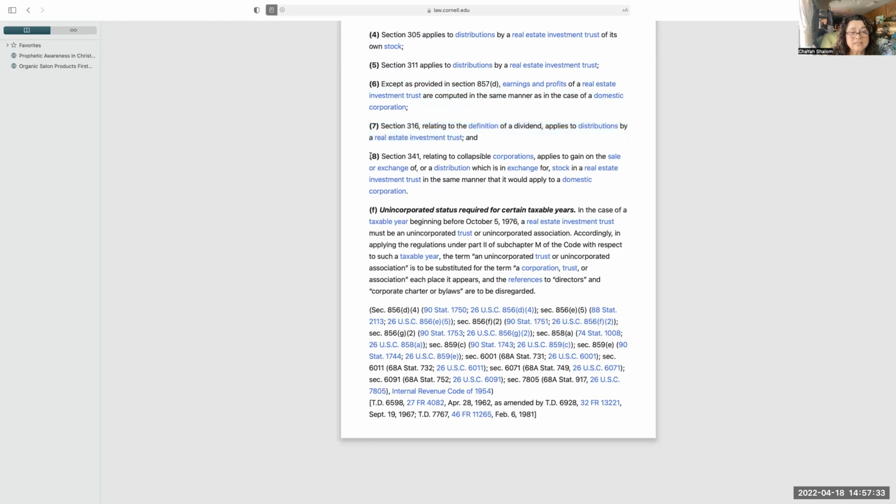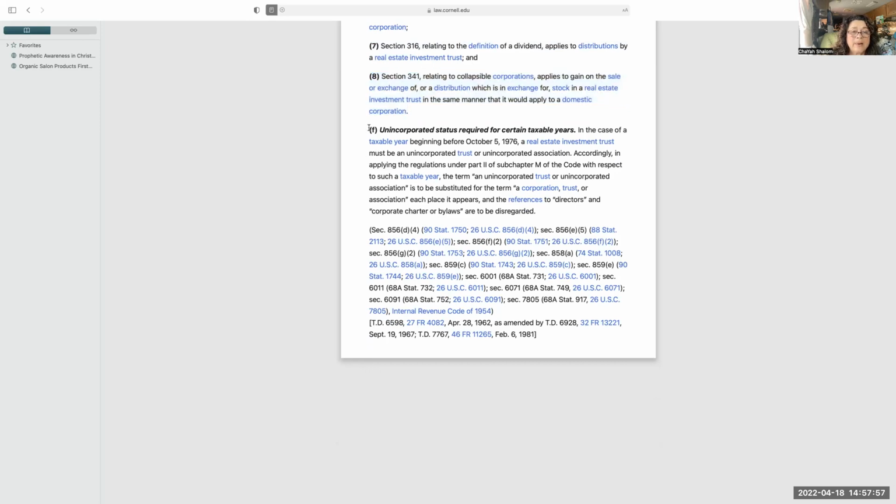And 8, Section 341 relating to collapsible corporations applies to gain on the sale or exchange of, or a distribution which is an exchange for a stock in a real estate investment trust in the same manner that it would apply to a domestic corporation.